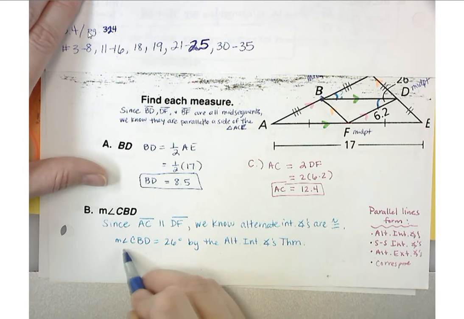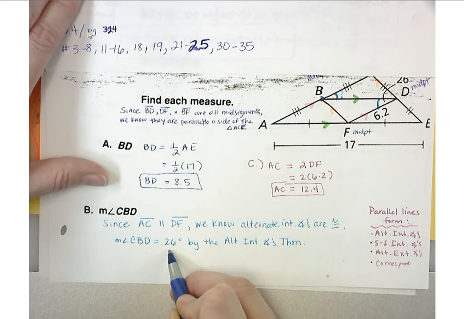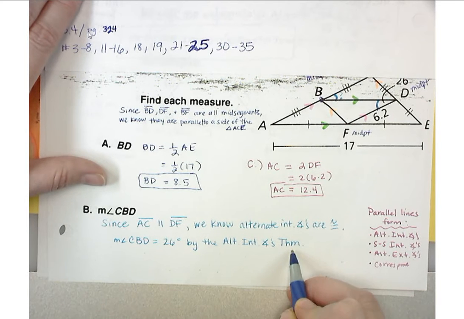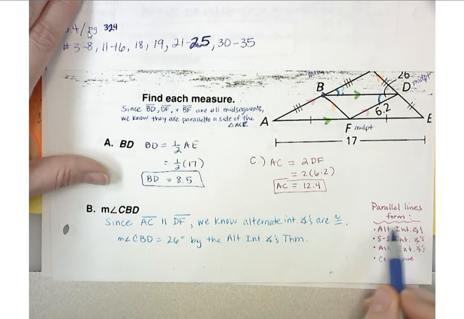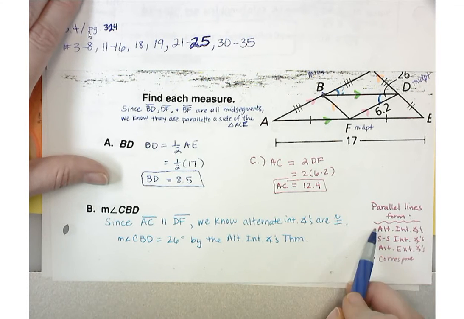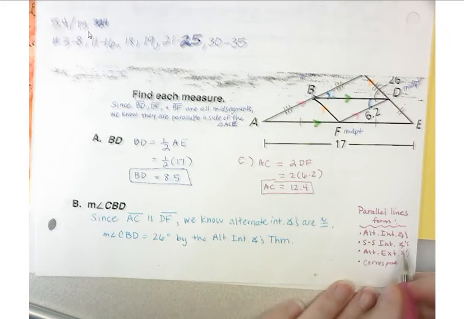So the measure of CBD is going to be 26 degrees by the alternate interior angles theorem. And just remember that when parallel lines are present, they are going to form alternate interior angles, same side interior, alternate exterior, and corresponding angles.